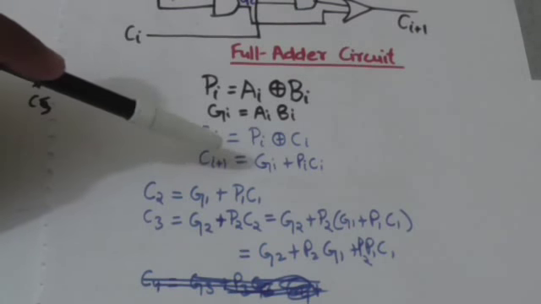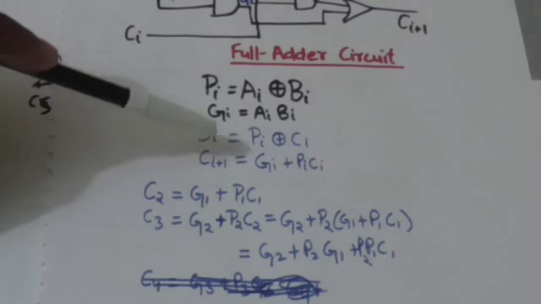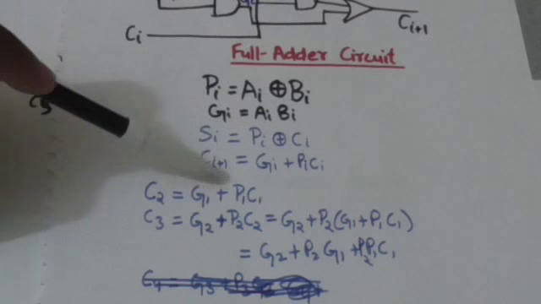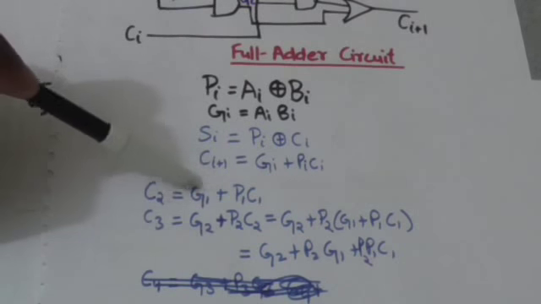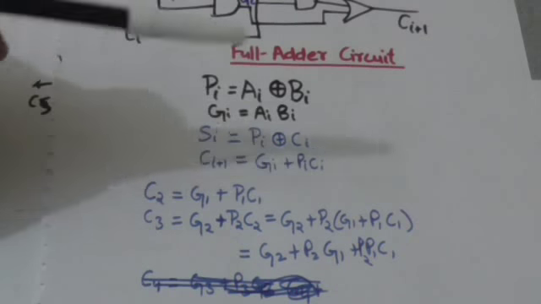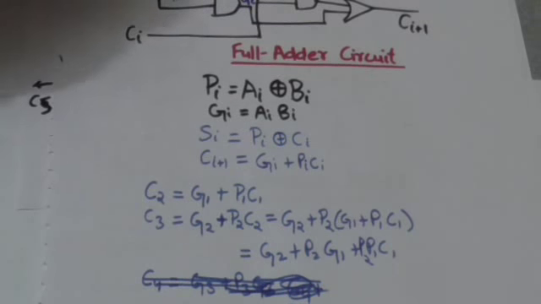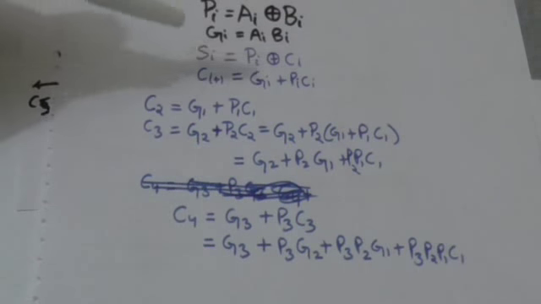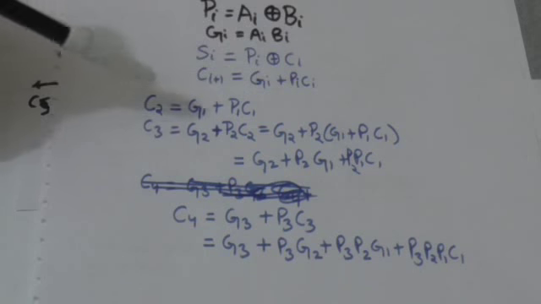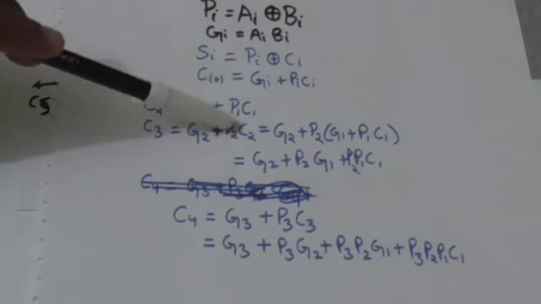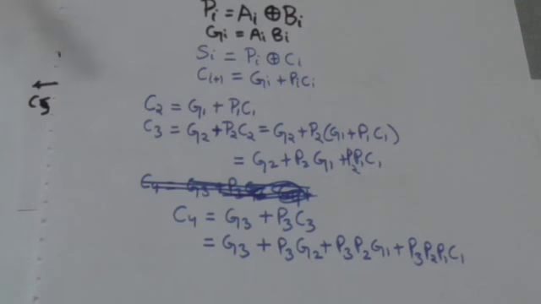Now when the value of i equals 1, this expression will become C2 equals G1 plus P1 C1. When i equals 2, then this expression will become C3 equals G2 plus P2 C2.